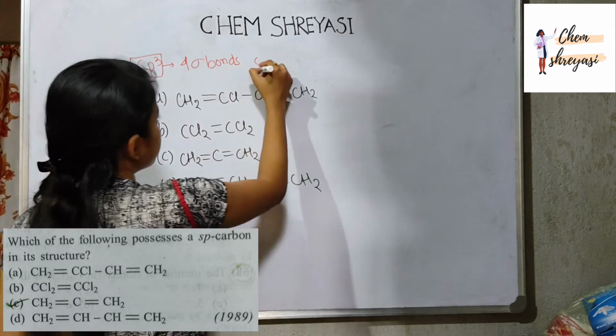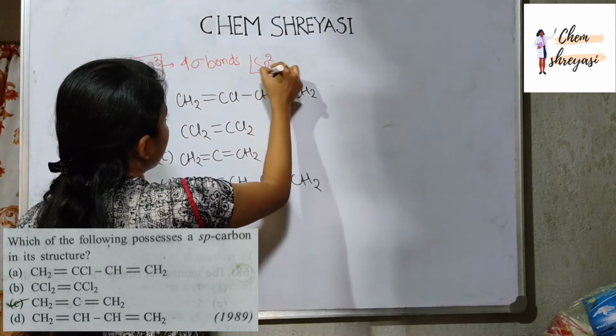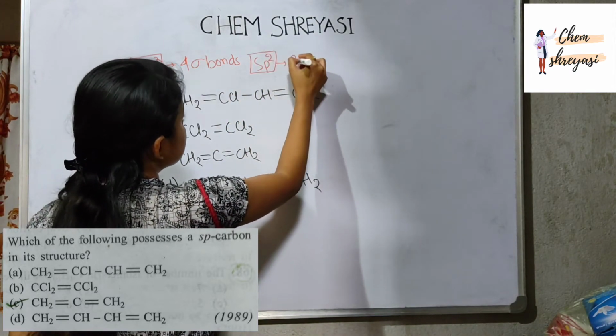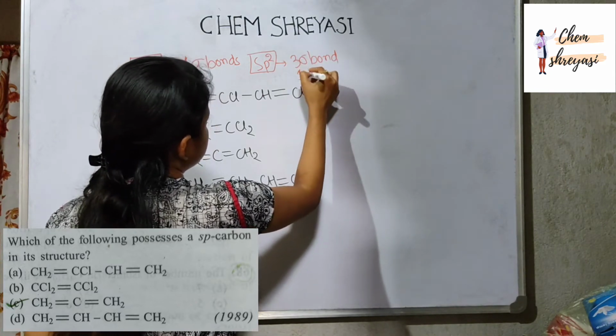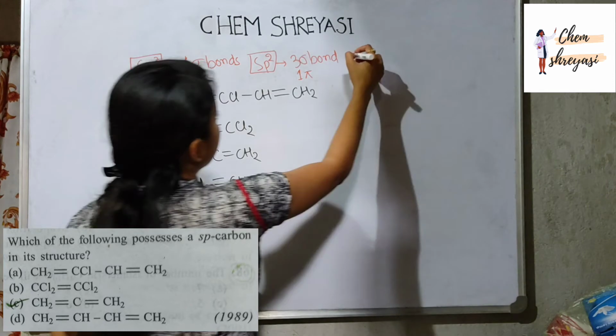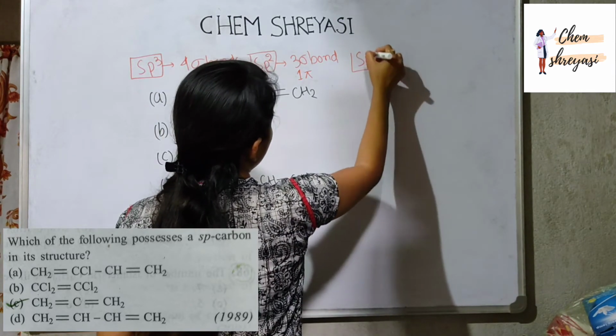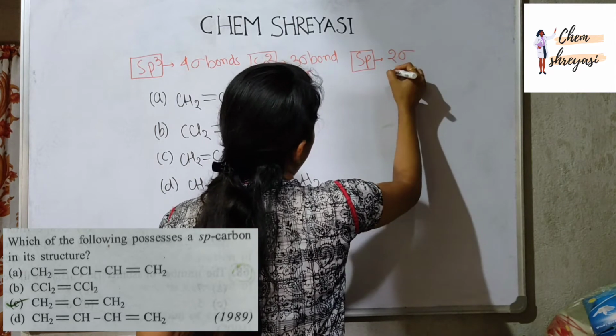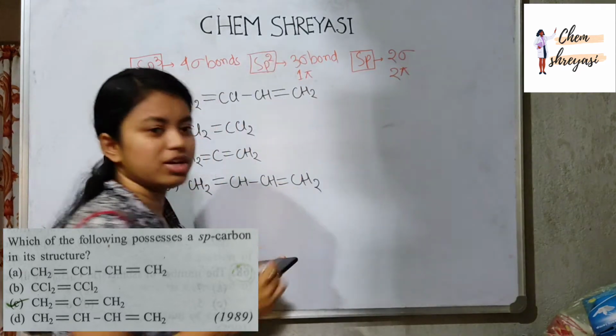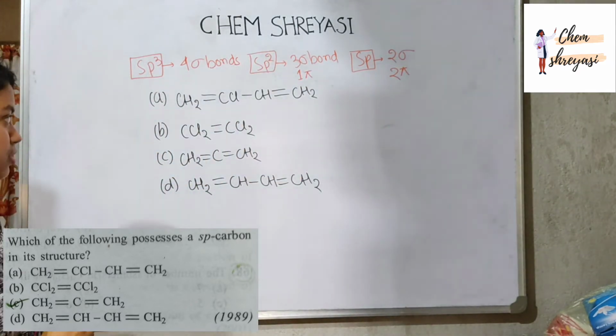In case of sp2, it has 3 sigma bonds and 1 pi bond. In case of an sp hybridized carbon, it has 2 sigma bonds and 2 pi bonds. Now let's move to answer this question.